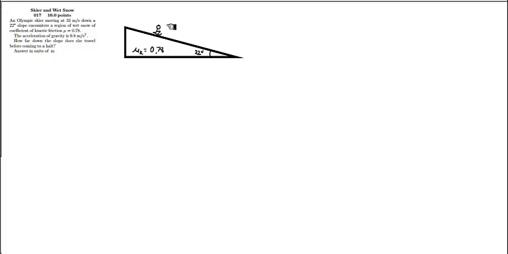And this is where a motion diagram really comes in handy. If we imagine this as kind of the frictiony region of the snow, we're going to hit it with some initial velocity, and then we're going to be slowing down to a stop.